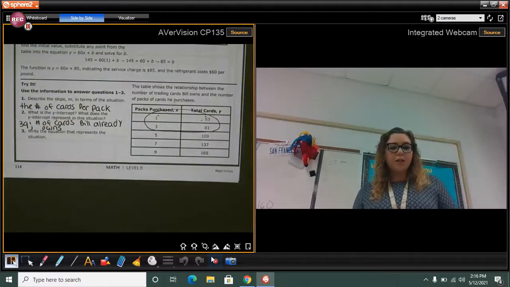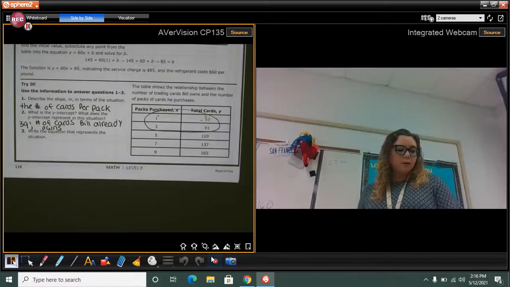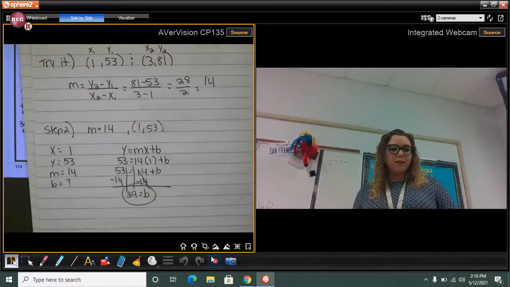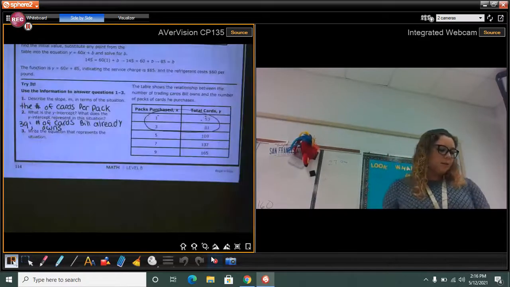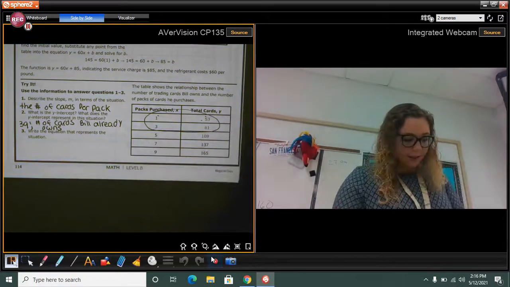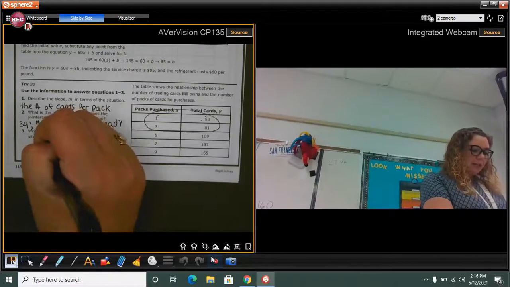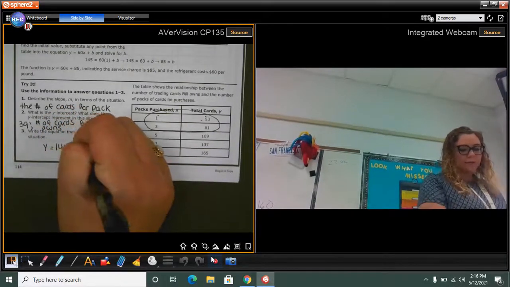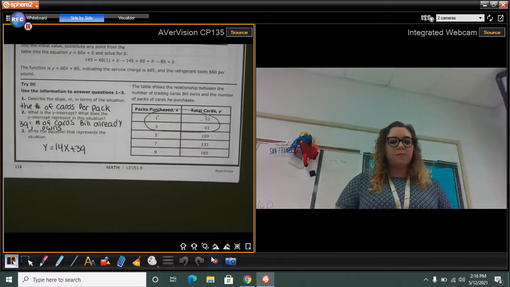And write an equation that represents the situation, okay, where we have my slope being 14, and we have my y-intercept being 39. So it's going to be y equals 14x plus 39. And that's going to be my answer.